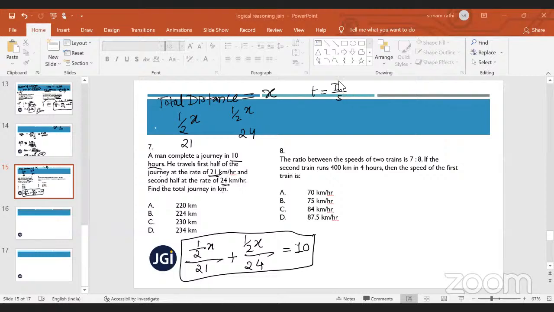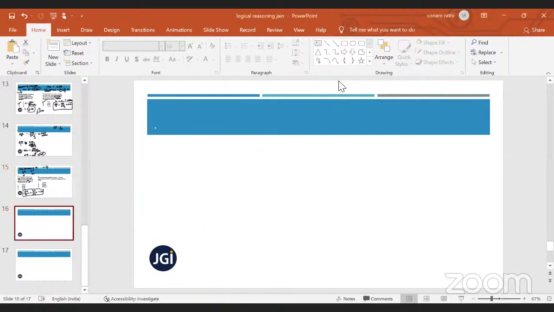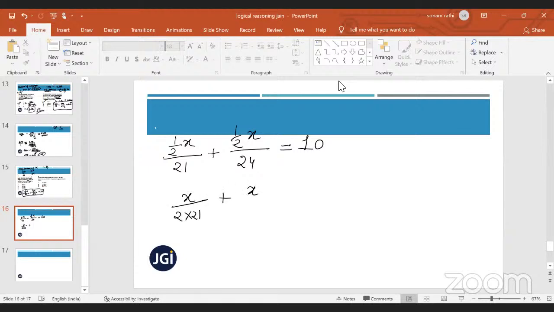Okay, solve it. So 1 by 2 x upon 21 plus 1 by 2 x upon 24 is equals to 10. So this 2 will come in denominator, x upon 2 into 21 plus x upon 2 into 24 is equals to 10.